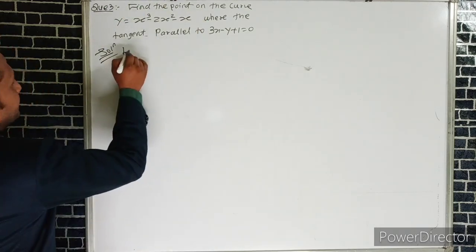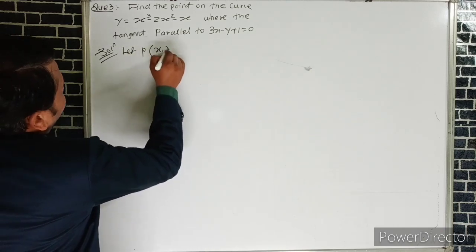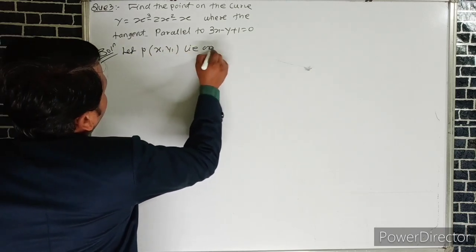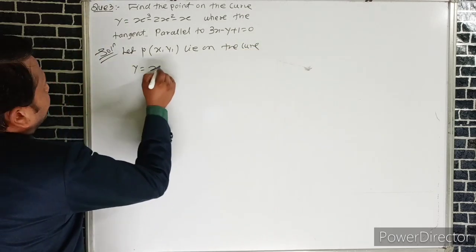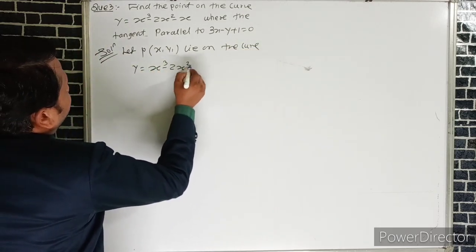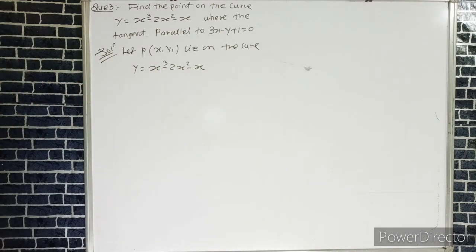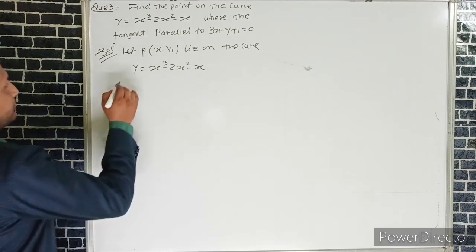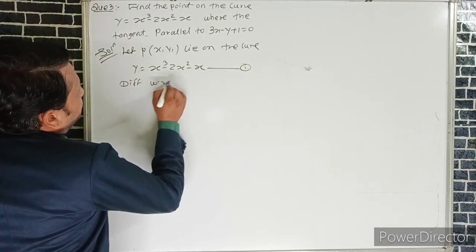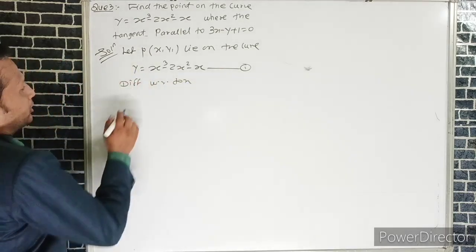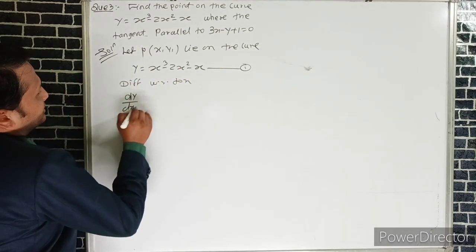Let P be a point (x1, y1) lying on the curve y equals x cube minus 2x square minus x. To find the slope of this curve, we differentiate with respect to x. The derivative of y is dy by dx.